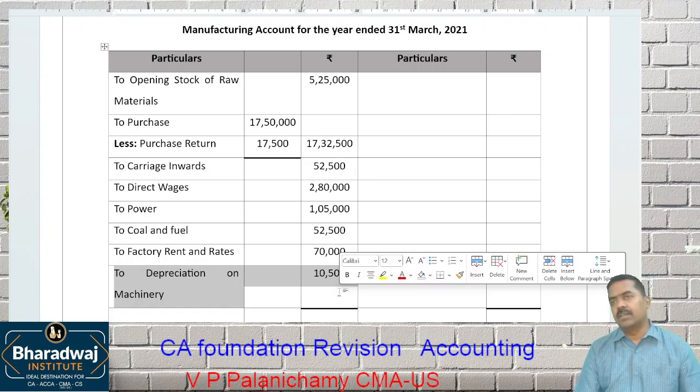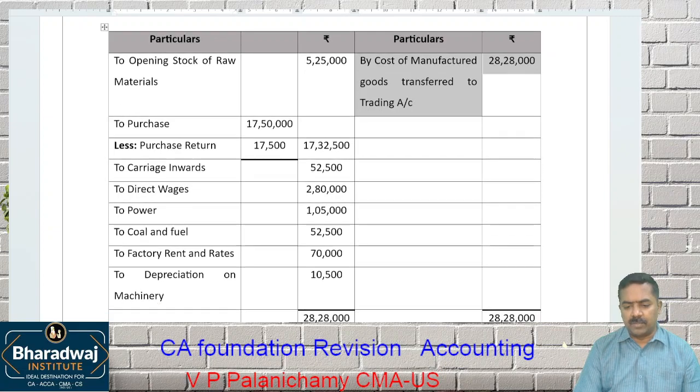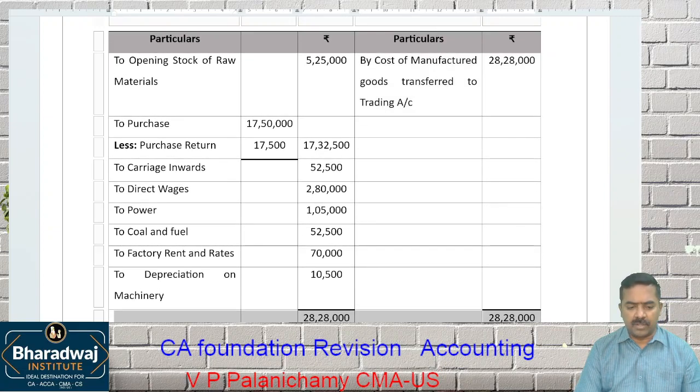Please remember, all factory expenses, including depreciation on machine, will come in the manufacturing account. No WIP in this question, no work in progress, no closing stock of WIP or raw material. Tally this, and the balance will be transferred to the trading account.